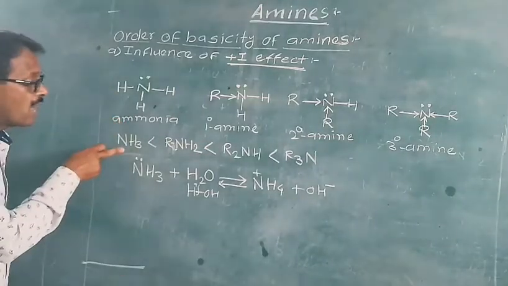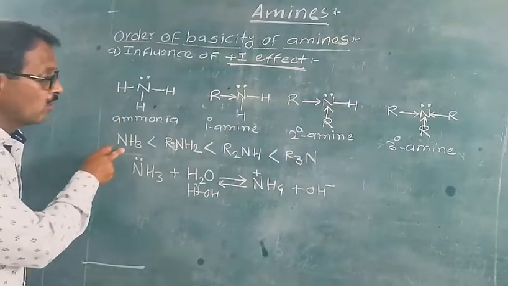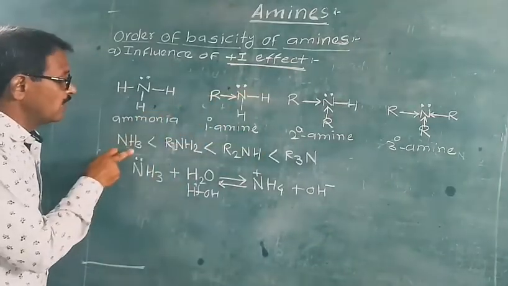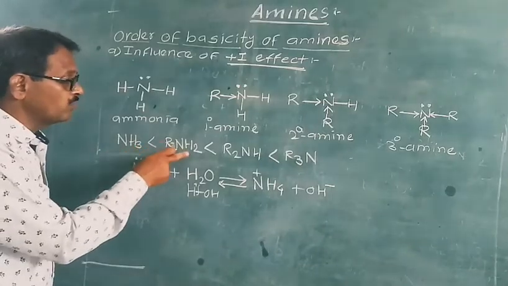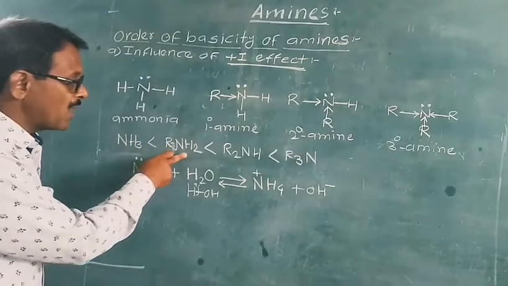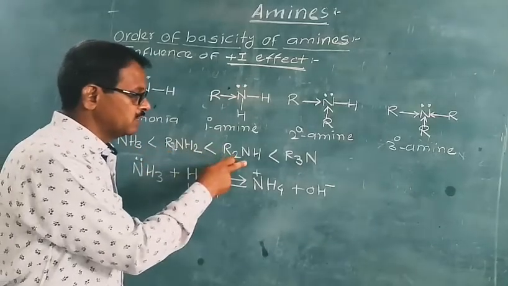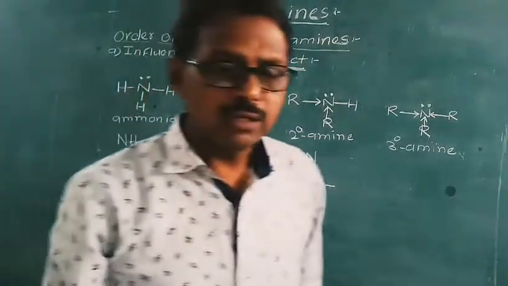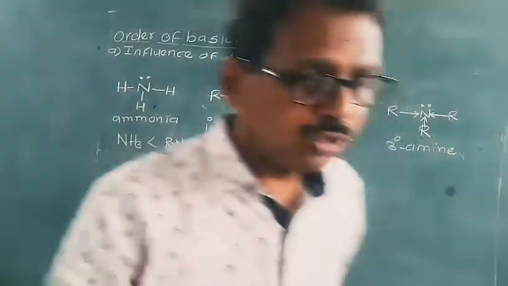Here I have ammonia. Here is the order, an increasing order of basicity. Ammonia is less basic than primary amine. Primary amine is less basic than secondary amine, and secondary amine is less basic than tertiary amines.